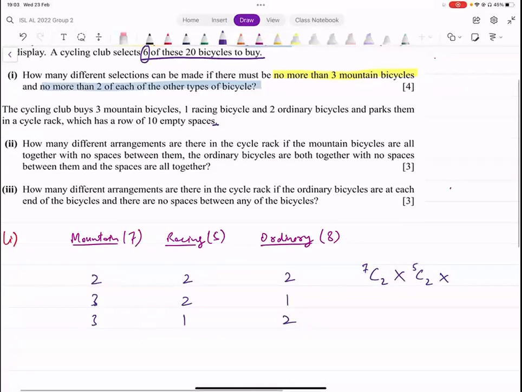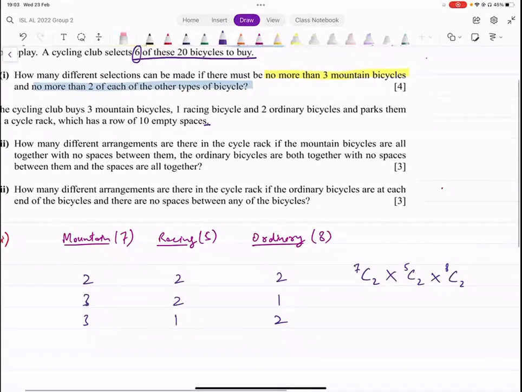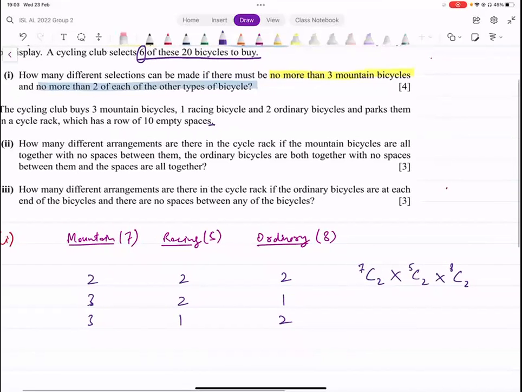And out of the 8 ordinary bicycles, we have to select 2, that's 8C2. Similarly, we do it for the other 2 cases. In the second case, it is 7C3 into 5C1 into 8C2, and the third case is 7C3 into 5C2 into 8C1.